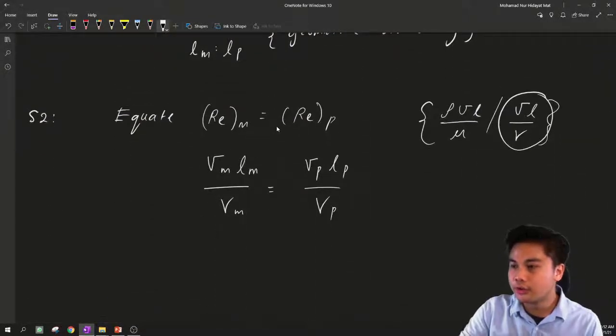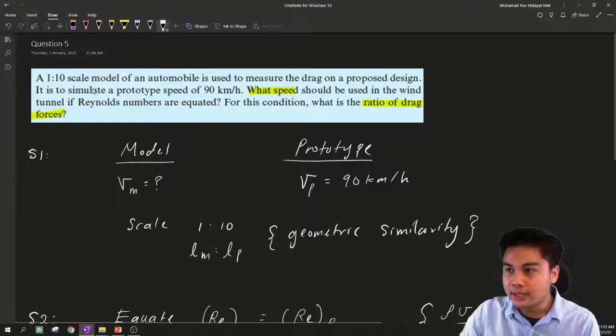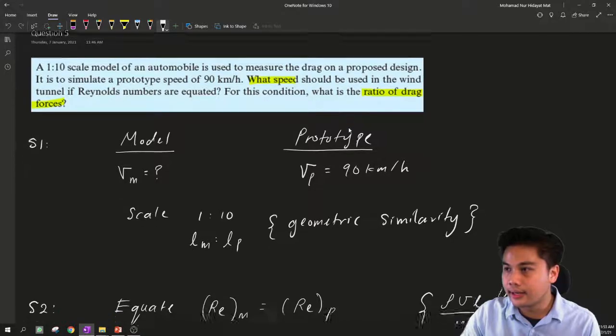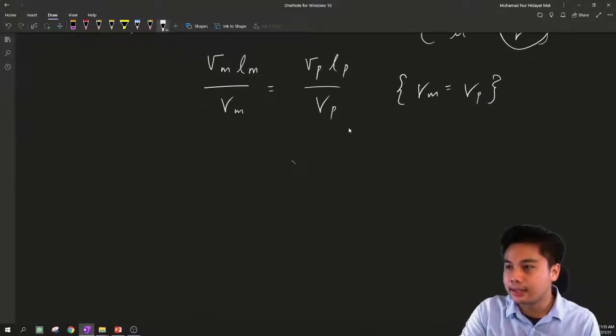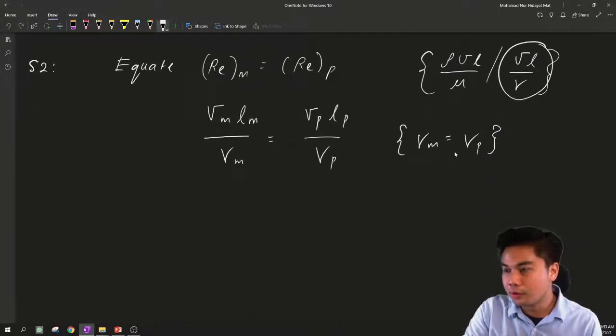So the viscosity of the model should be equal to the viscosity of the prototype, because the prototype is also under the wind. It is the same fluid here. So we can cancel out the nu of the model and nu of the prototype.